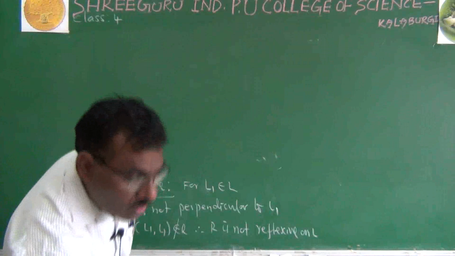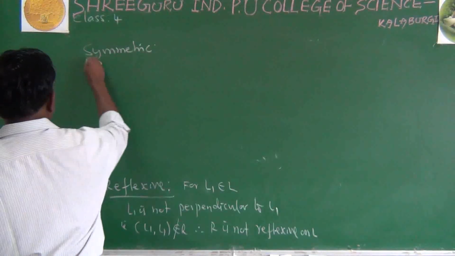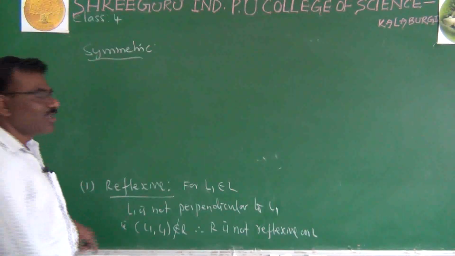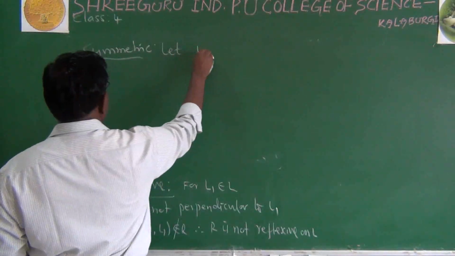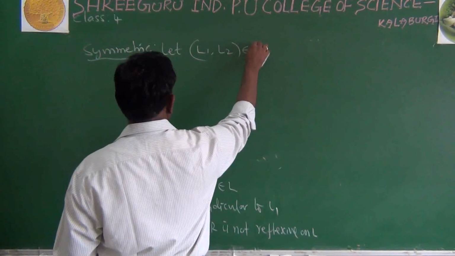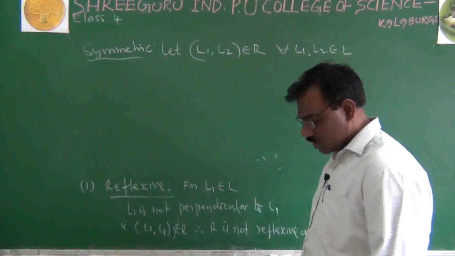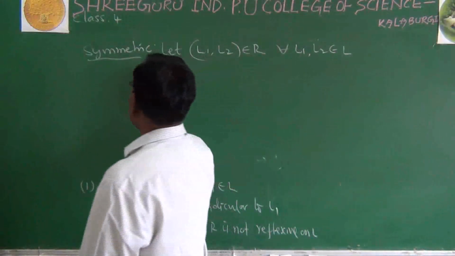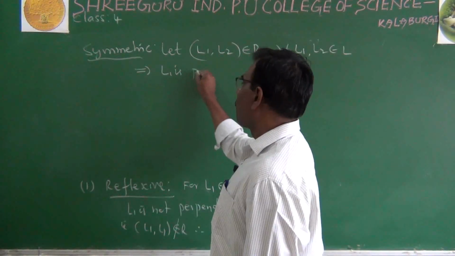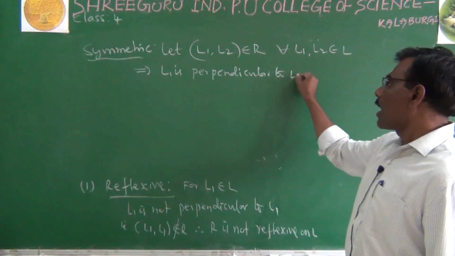Then what is the next term? Symmetric. How do we start symmetric? One ordered pair is given. Let (L1, L2) belong to R, for all L1, L2 belonging to capital L, the set of straight lines. Then it implies L1 is perpendicular to L2.